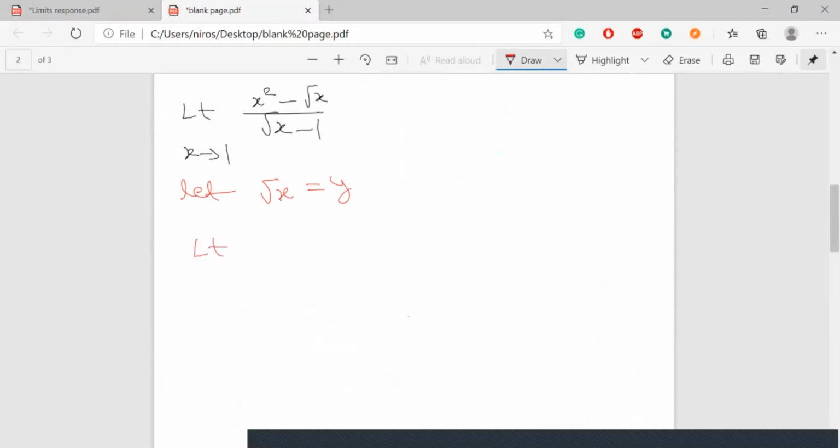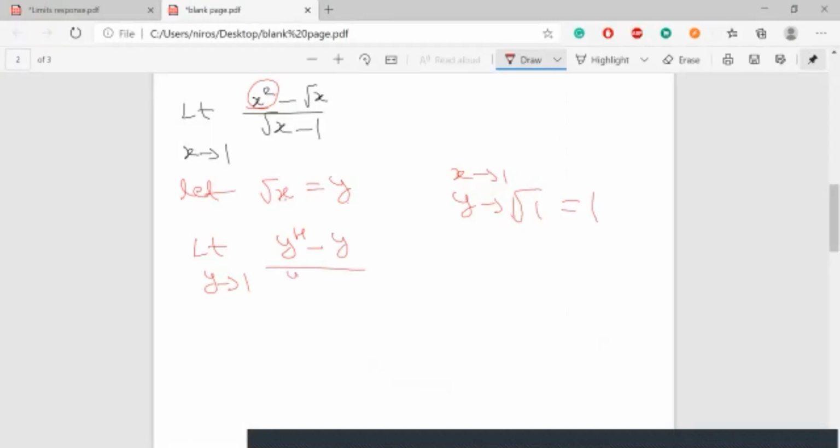When x tends to 1, y tends to 1, because root of 1 is 1 itself. Now x square means y to the power 4. So y to the power 4 minus y divided by y minus 1. Now this function has only one variable y, correct? And limit y tends to 1. Now we just have to solve it.